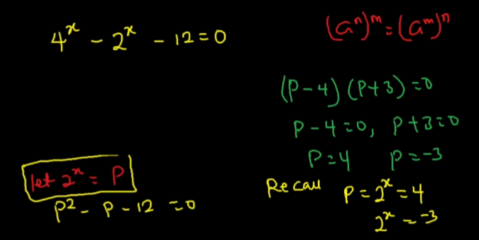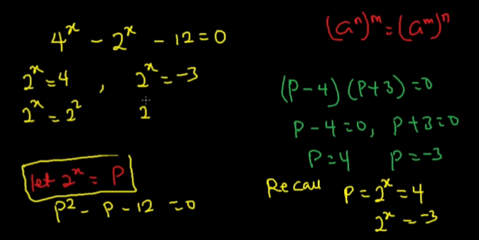In that case, I will have 2 raised to power x equals 4, and 2 raised to power x equals minus 3. So we want to get the real solution. 2 raised to power x is equal to 2 raised to power 2, which is still 4. Then here, 2 raised to power x is equal to minus 3, and there's nothing, 3 cannot be raised to the base of 2. So this one we can leave out. So x equals 2 here as a real solution.